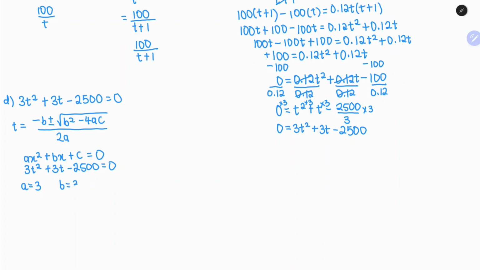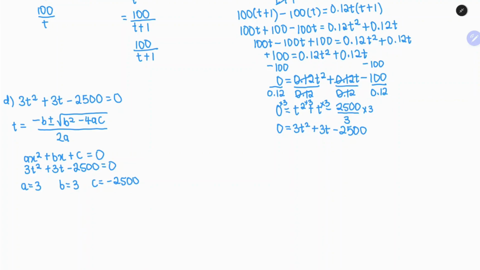B is also going to be 3. C is going to be negative 2,500. Please don't make the mistake of leaving the negative out. So C is going to be negative 2,500. Please always be observant of the negative or minus sign in front of a number.